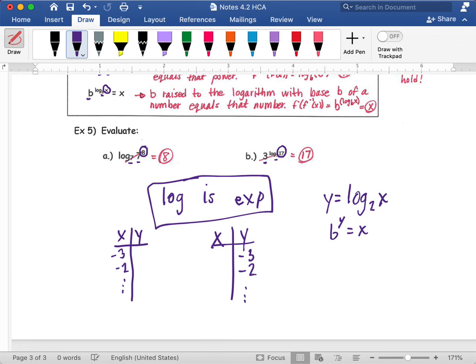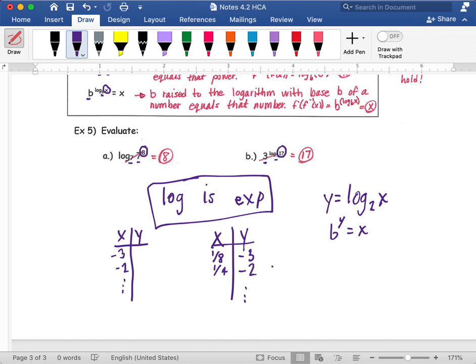Say to yourself, 2 to the power negative 3 is 1/8. So work it backwards. That's my advice for those right here. And then 2 to the power negative 2 equals what? 2 to the negative 2 equals 1/4. That's 1/2 squared. And you can get the table a whole lot better for these graphs.